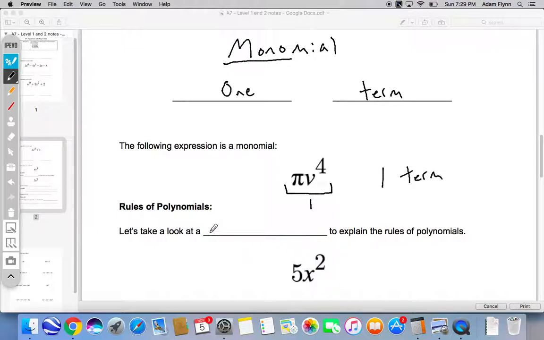So we're going to take a look at a monomial to explain the rules of polynomials. And again, there aren't many. So we have 5x squared is our example. Pause the video if you need more time.